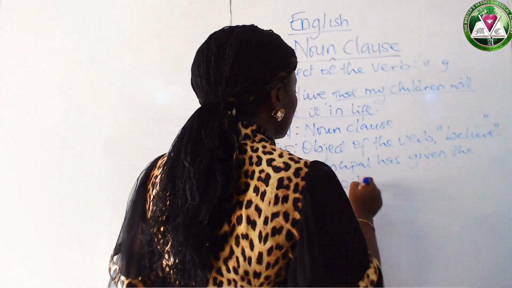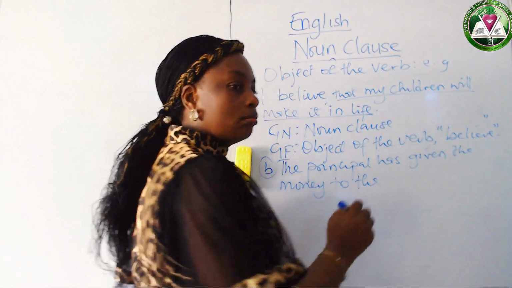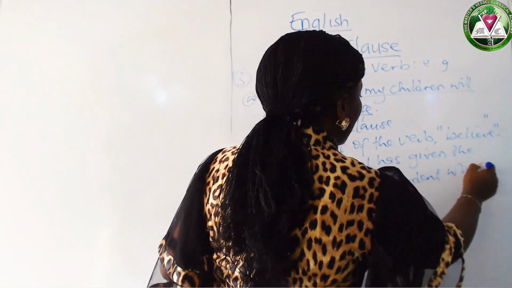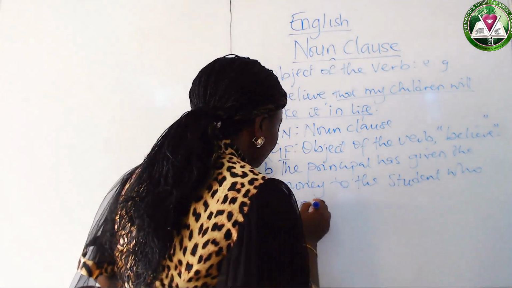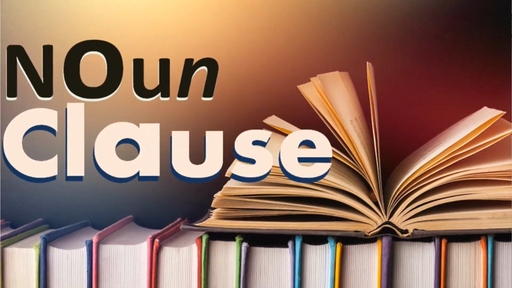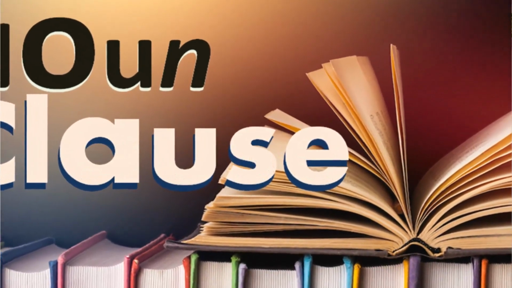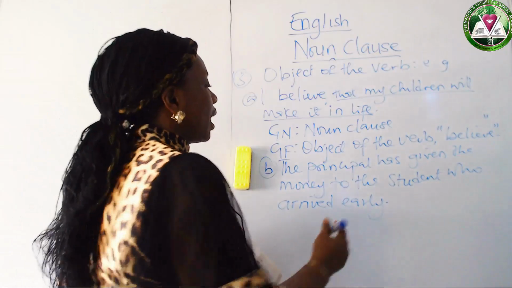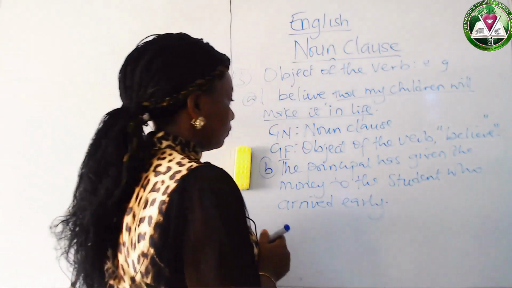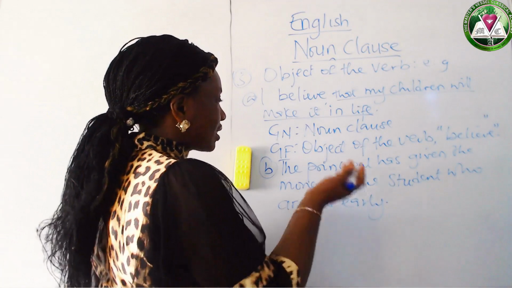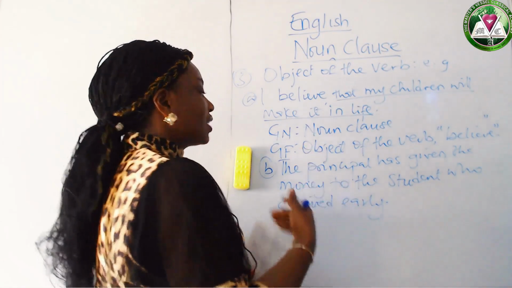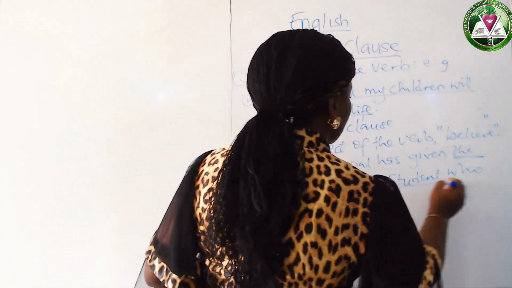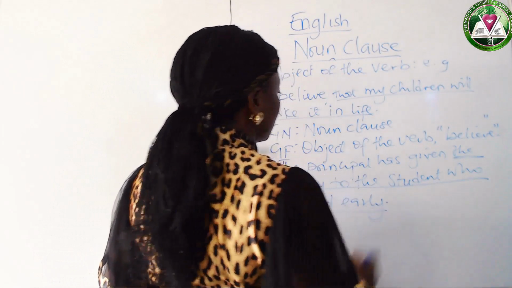The principal has given the money to the students who arrived early. Okay. Now, what has the principal given out? What has the principal given out? The money to the students who arrived early.